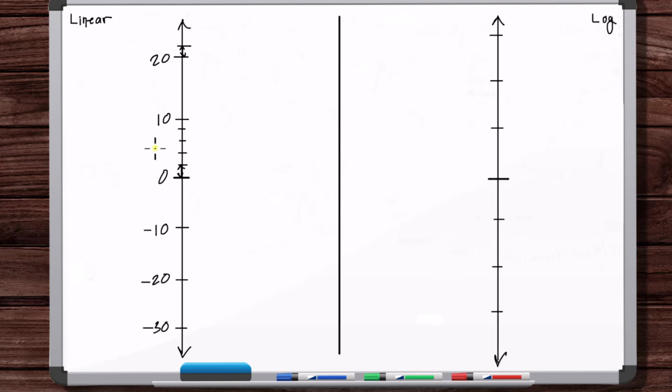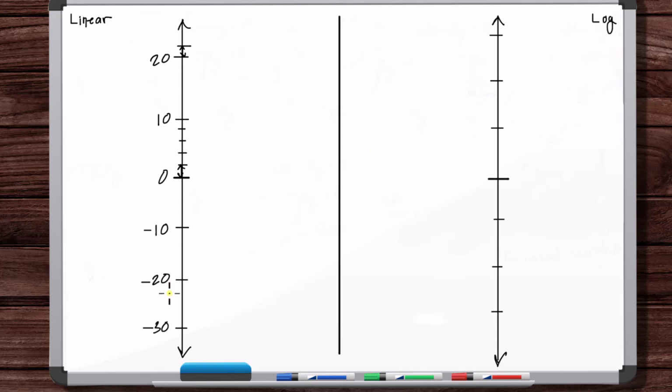But the idea is when you go from this tick mark to this tick mark, you add 10. When you go from this tick mark to this tick mark, you add 10, right? Okay, but here, when you go from this tick mark to this tick mark, we're going to multiply that common base by whatever the value is at this tick mark. If we go the other direction, when we go from this tick mark to this tick mark, we're going to divide by that common multiplier, that common base, common factor.